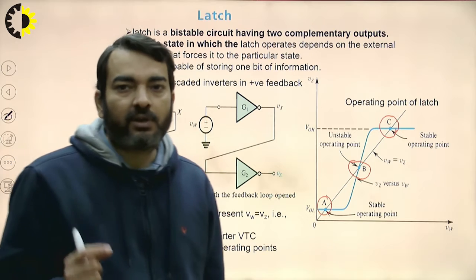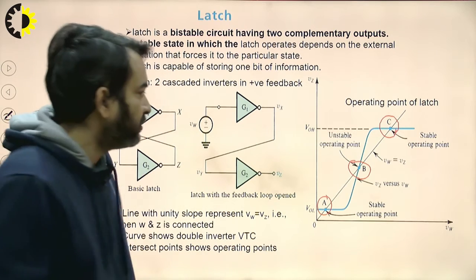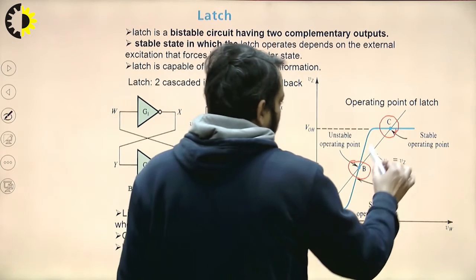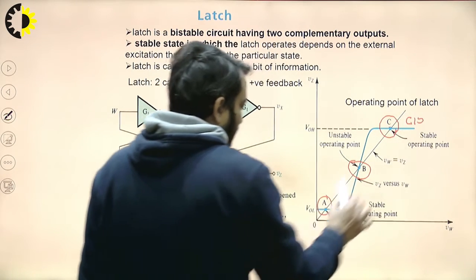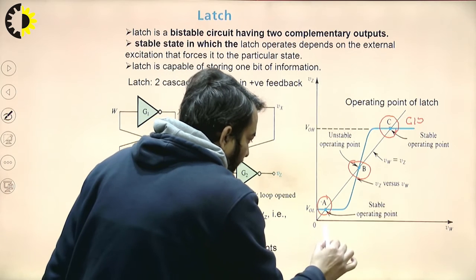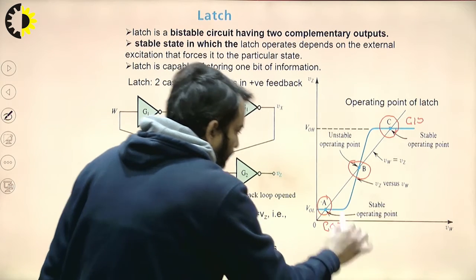Because of a small perturbation, the circuit will definitely move either to state C, that is logic 1, or to state A, that is logic 0.